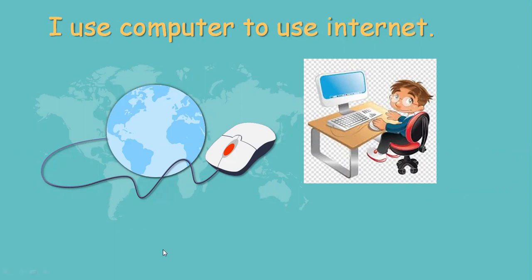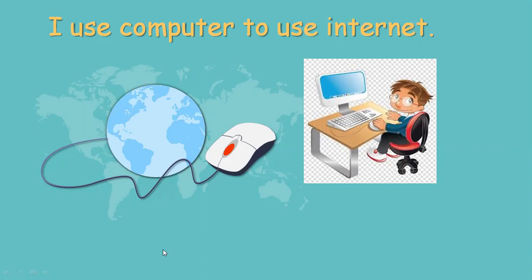Do you understand, boys? I hope you understand, because this lecture 1.5, home and school, was a comparison between using the computer in the home and in the school. So what is the difference? There is not too much difference, but if you use computer in the home for learning, it is equal to using computer in the school.